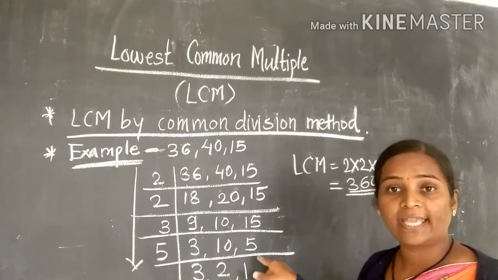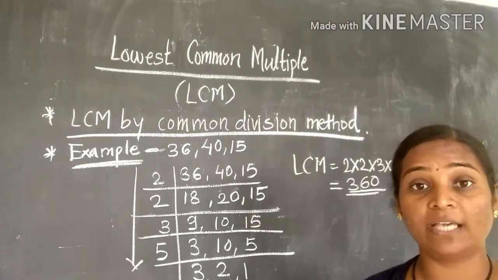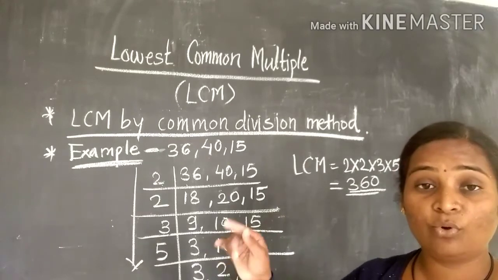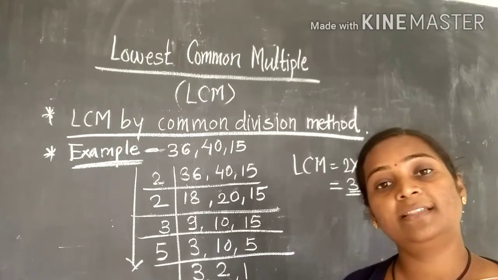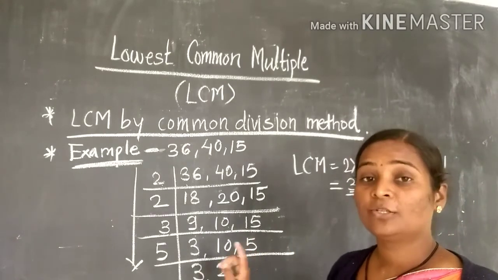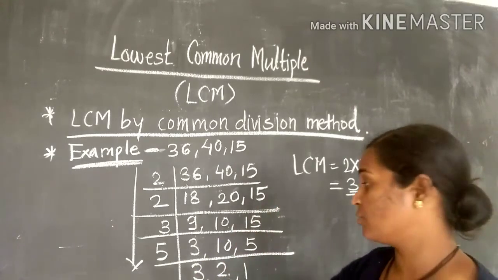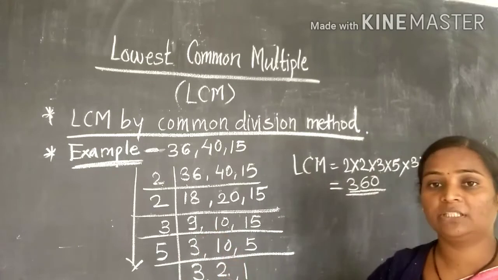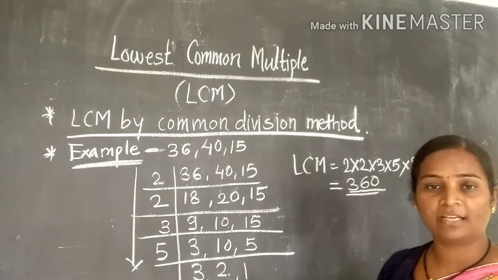Because there is a 10 and 5 and we know the divisibility test of 5, that is 0 or 5 is there in the ones place. So these numbers are divisible by 5, so I have taken 5. I have kept 3 as it is. 5 2s are 10 and 5 ones are 1.